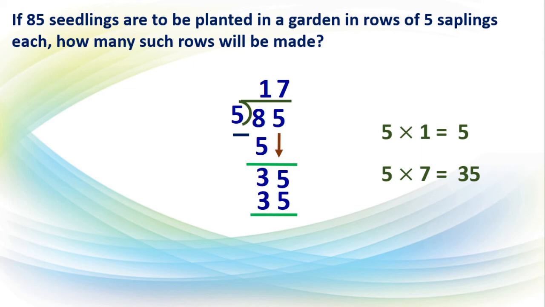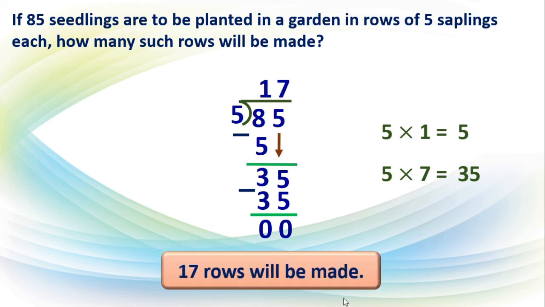So what is the answer here? We can make 17 rows, or 17 rows will be made by using 85 seedlings, and each row will have 5 saplings.